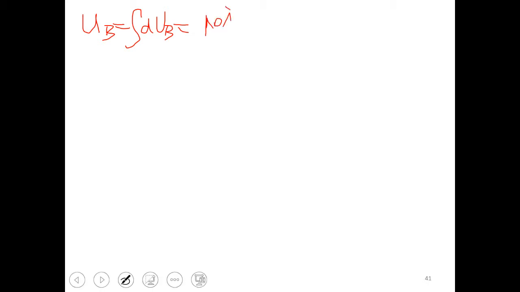So we can write it as UB equals the integration of dUB. The constant moves out: mu 0 I square over 8 pi square.